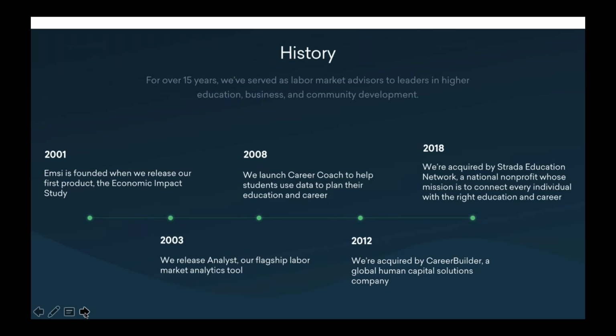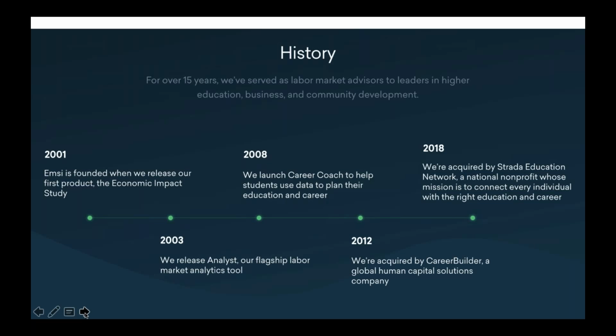And since the early 2000s, we've been continuing to refine and develop our economic impact models for various education systems around the world and for various reasons, whether that be for apprenticeships or adult education or higher education or 16 to 18 full-time education. And it remains a big part of what we do.